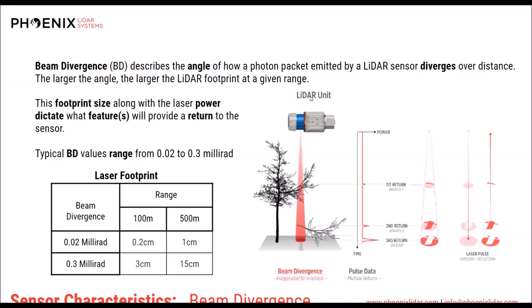The Mini has very tight beam divergence, but far less density as it's a single laser compared to 32 from the Scout Ultra. Scout Ultra, I would prefer for a forestry application.